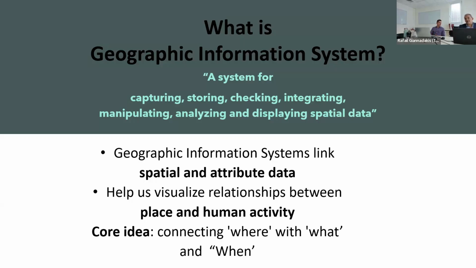But also you can connect the GIS with when. What I mean is, in the same place we have some facts or some events about changes in time. So you can have a chronicle or a timeline in the same place.